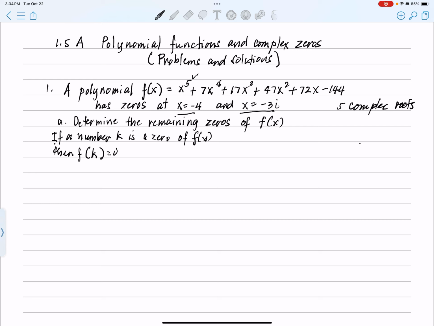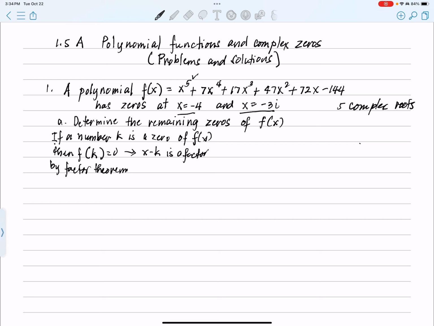So it follows that x minus k is a factor, by the factor theorem. I hope we have gone through this.